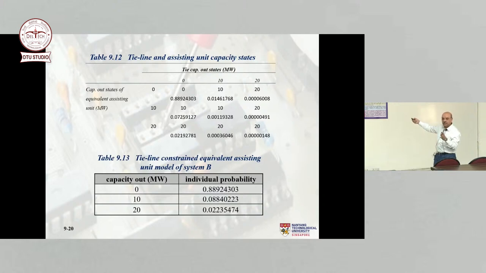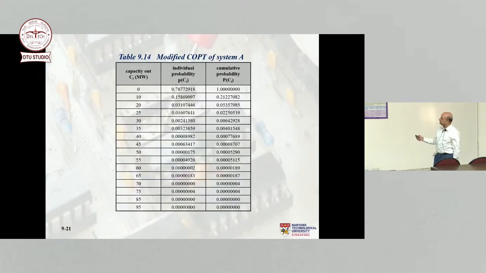You can only transmit 10 megawatt, is it not? Yeah, because tie line is 20, correct? And then if tie line is 20 megawatt out, you can't transmit anything, correct? So that's why you have to combine some of these states which are similar and then get this particular table. We have done this in a previous example yesterday, so it shouldn't be too hard.